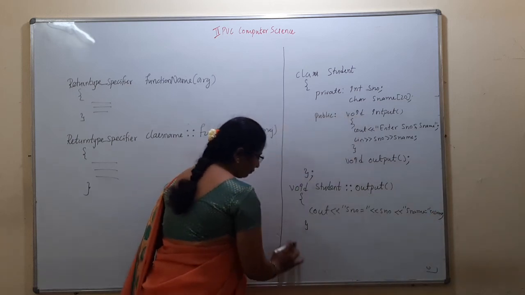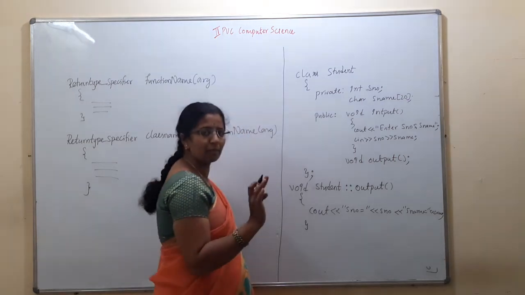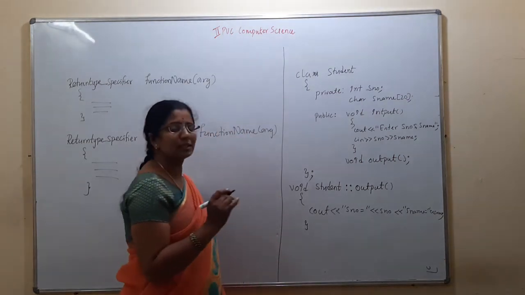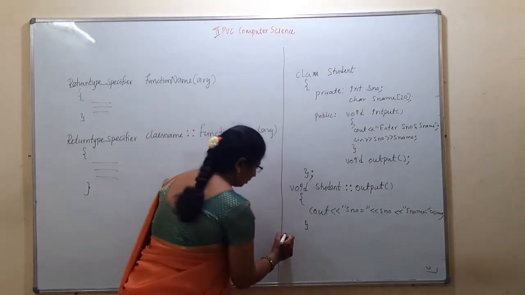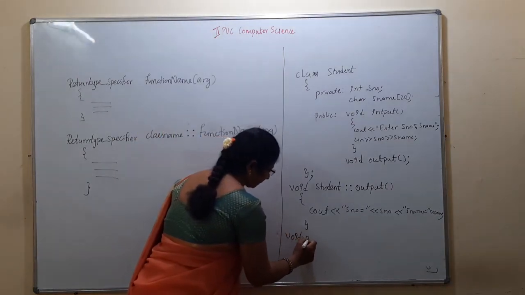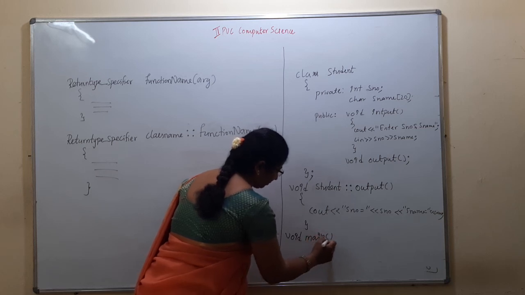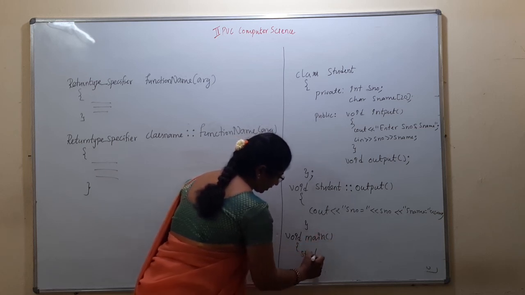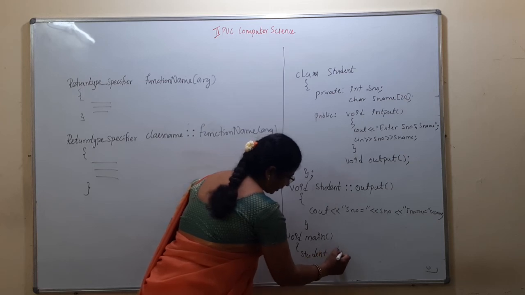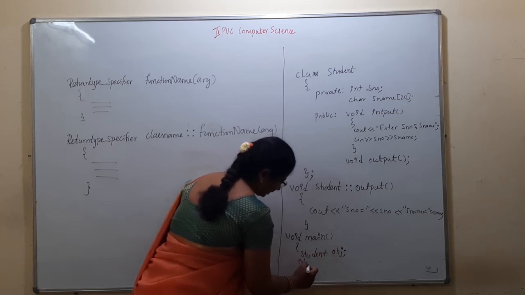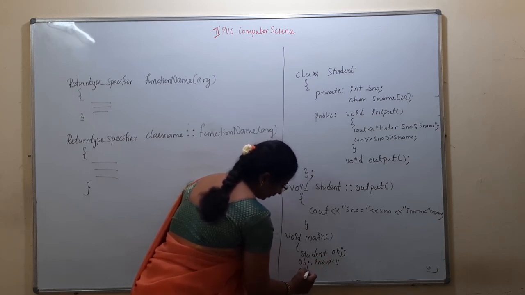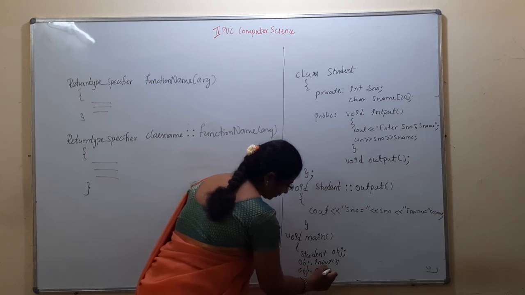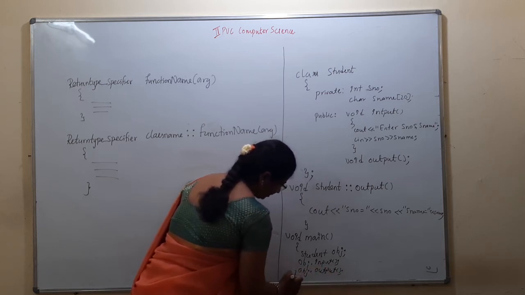Please remember, if you don't write void main it also doesn't matter here. void main is required when you are writing a class declaration and definition. So void main, student obj, clrscr, getch not compulsory, obj dot input, obj dot output. Please practice this one.